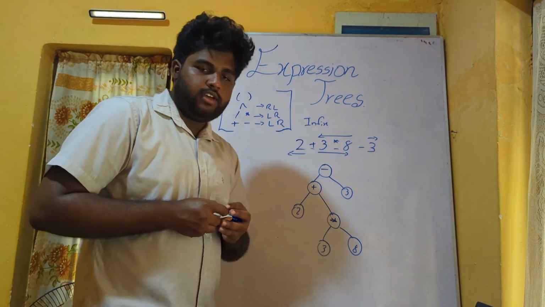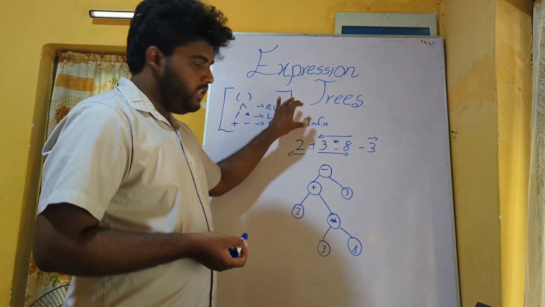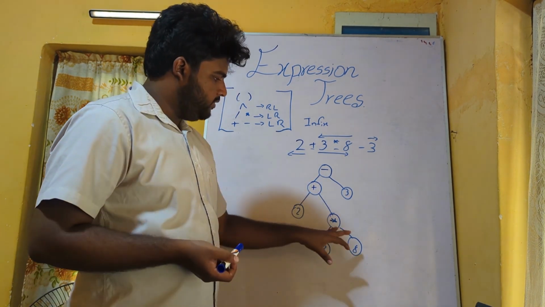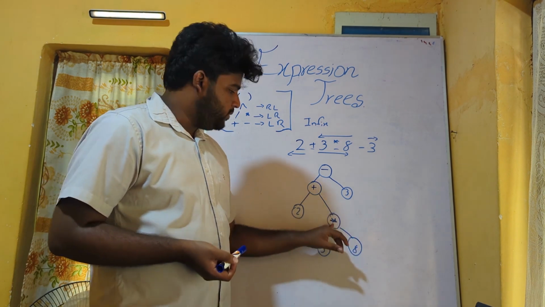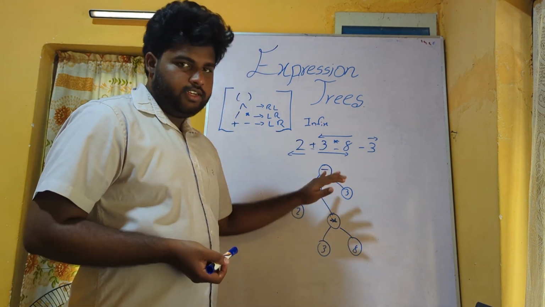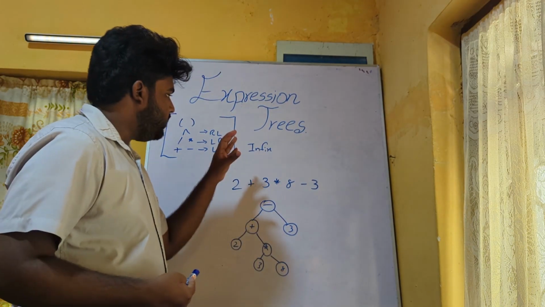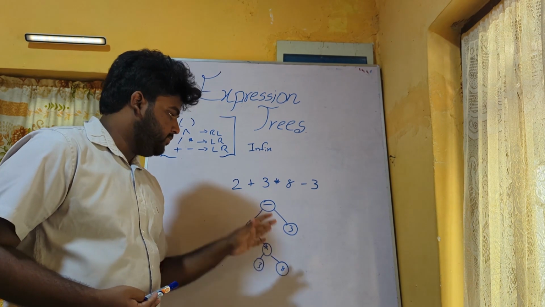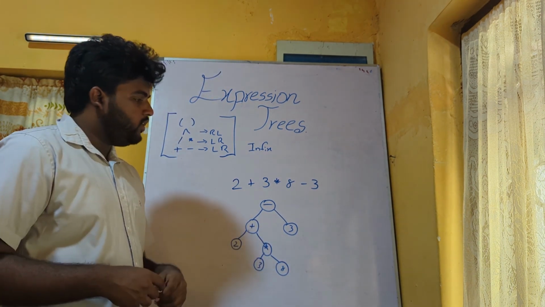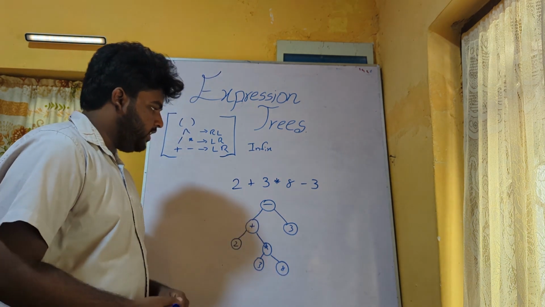So this is how you can draw a tree from the infix expression. As you can see, the highest precedence operators will always be at the bottom and the least precedence operators will be at the top. Since we have the tree drawn here from the infix expression, let's see how easy it actually is to get the prefix and postfix expression from this tree.